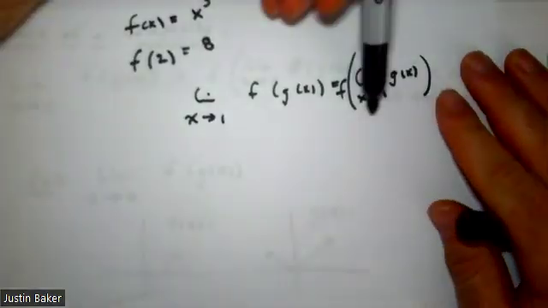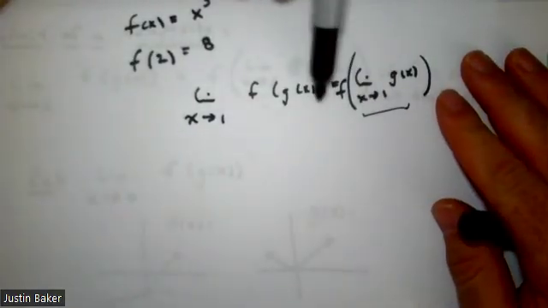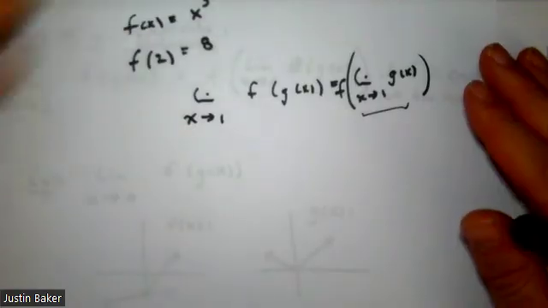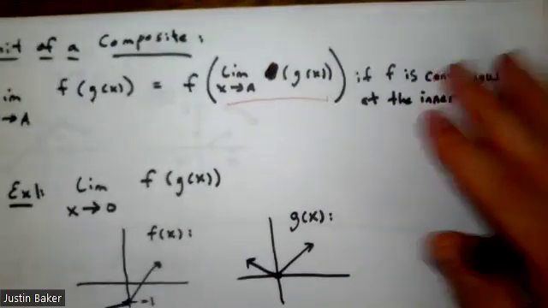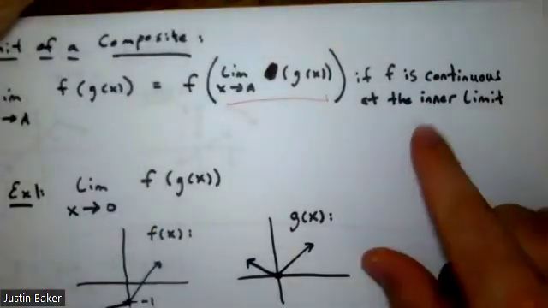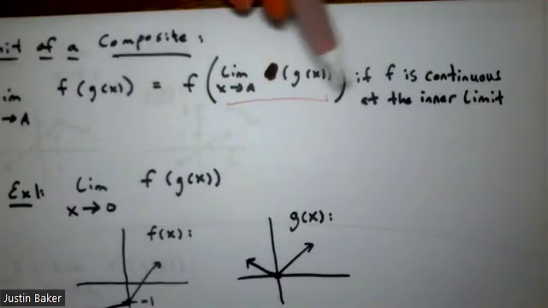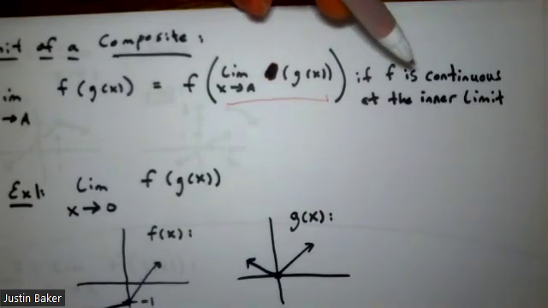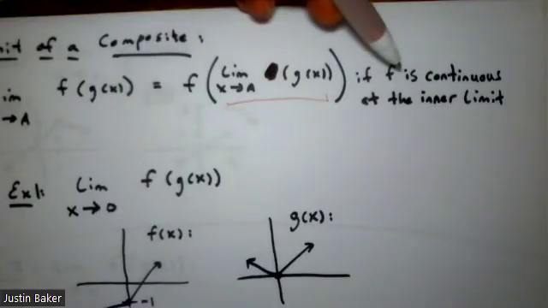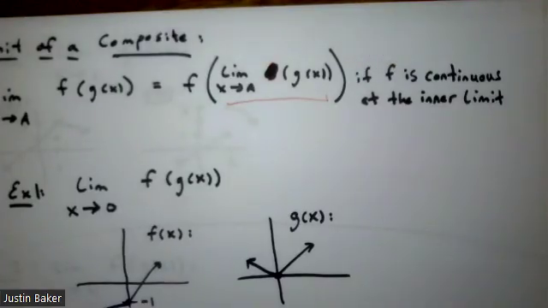In other words, whatever this result is gets plugged into f. Now, there's one little rule with that: it's if f is continuous at that inner limit. We haven't really talked about continuity yet, but think of it as connected, with no holes, skips, or jumps in the graph.